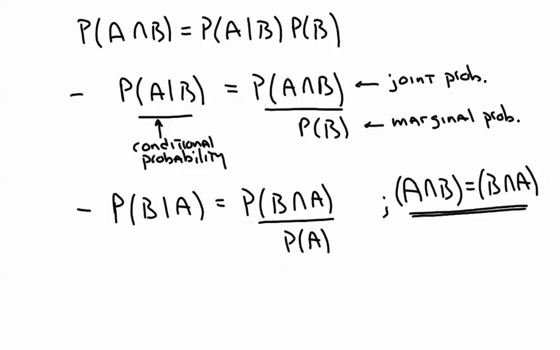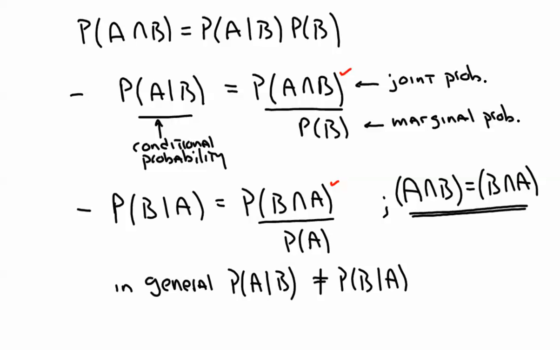So the numerators of these two relationships are exactly the same, but the denominators are not the same. The probability of A and the probability of B are not necessarily equal. So I can conclude in general that probability of A if B does not equal probability of B if A, in general. There are some circumstances where that might be the case, but in general, that is not the case.